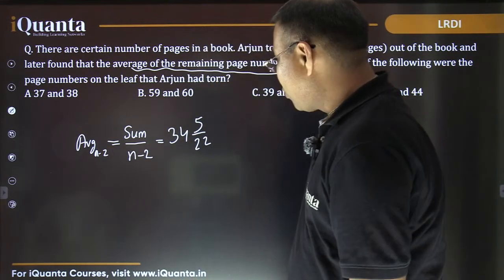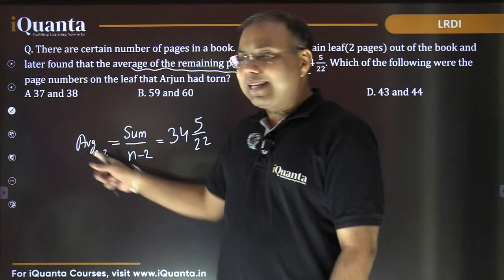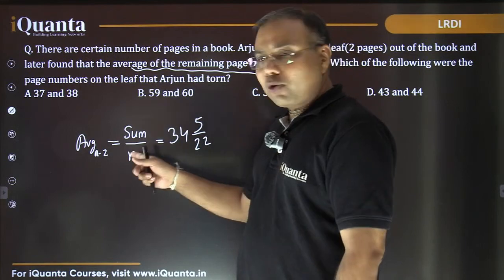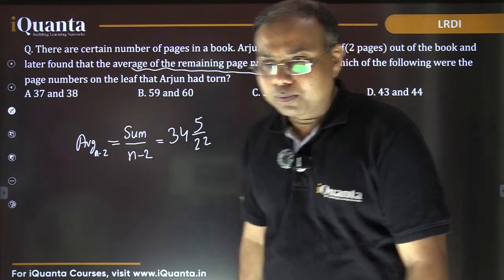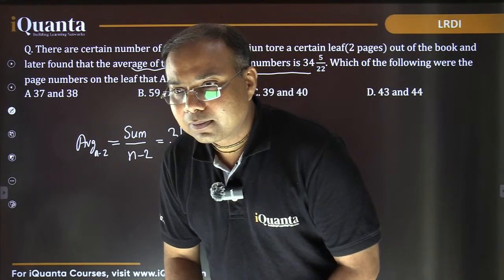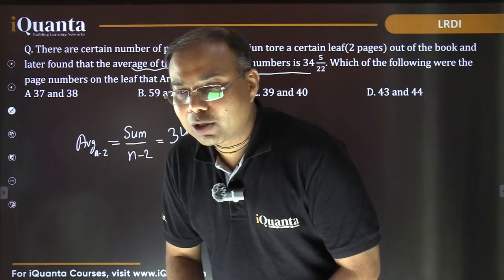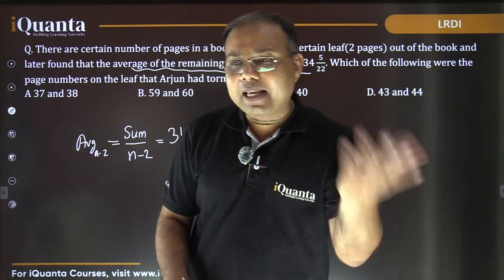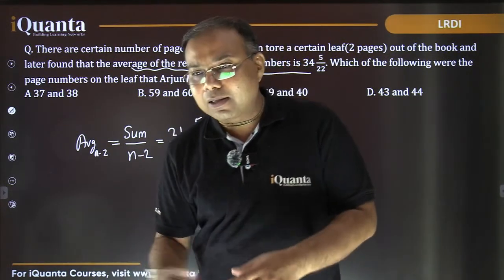I'm doing it along with you only. So now this average of the remaining n minus 2 page numbers is 34 5 by 22. So from this information, what do we get to know? You're just telling the answer. See, in CAT, you are not going to get those questions that you have done before. So there you cannot quickly tell the answer.